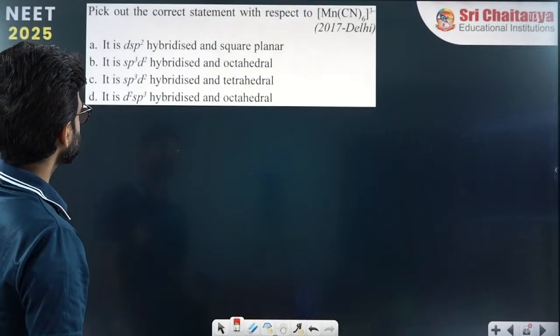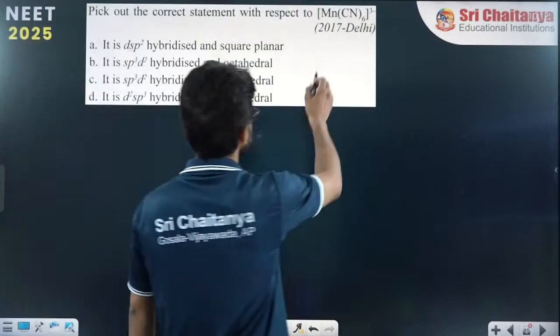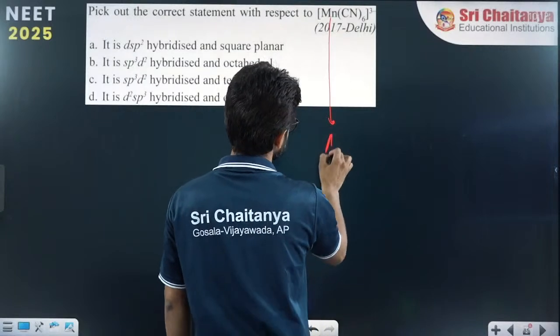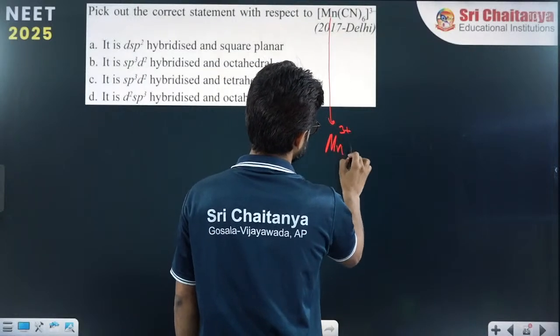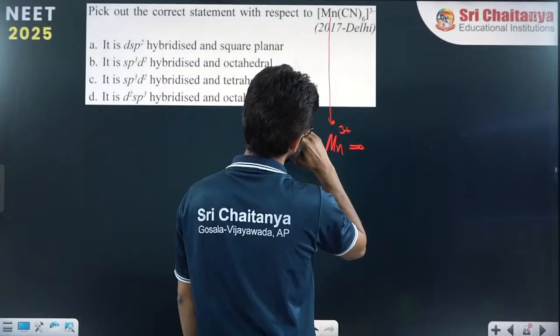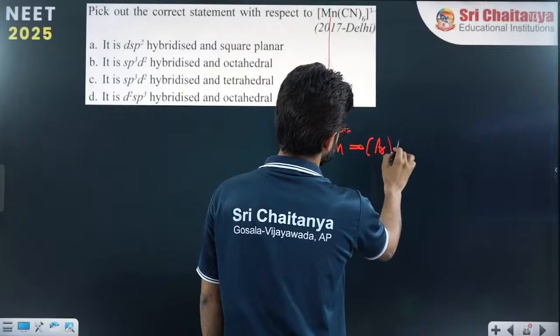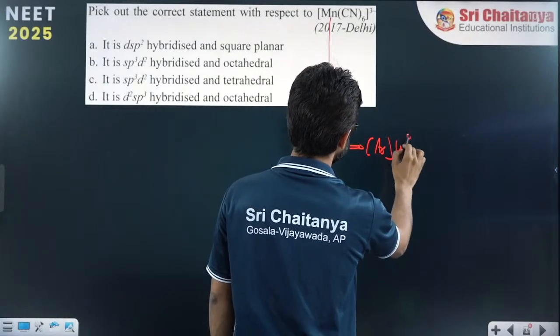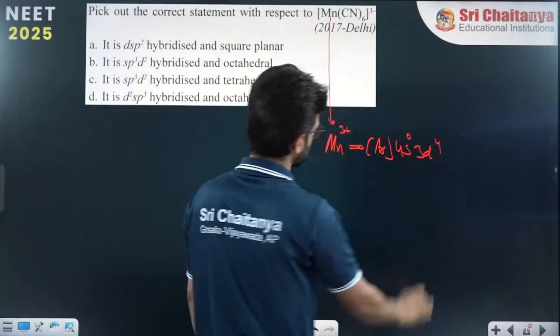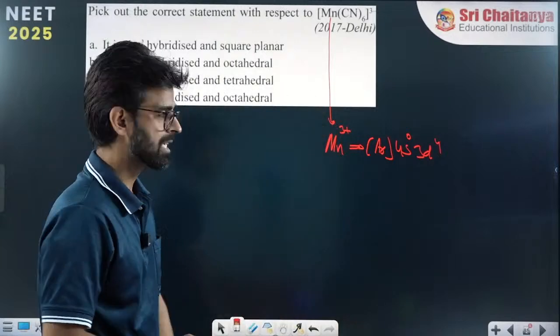Pick out the correct one about [Mn(CN)6]. Okay, here if we check, bachche, Mn is plus 3, so Mn plus 3 means what? Argon, 4s becomes 0 and 3d4, 3d4 here carefully.